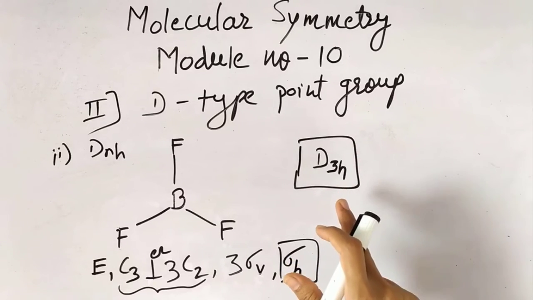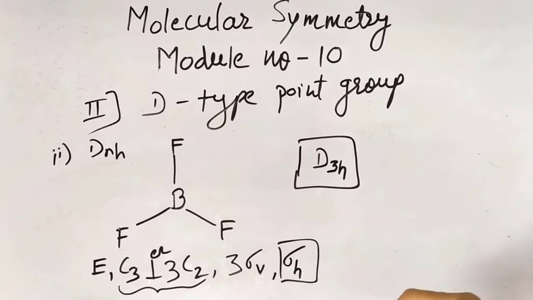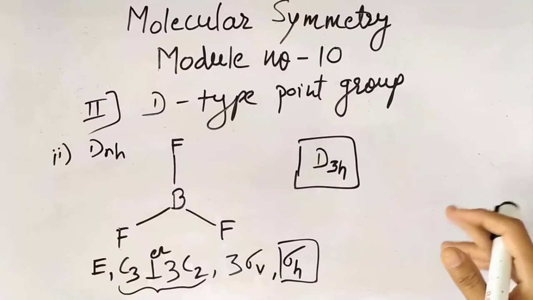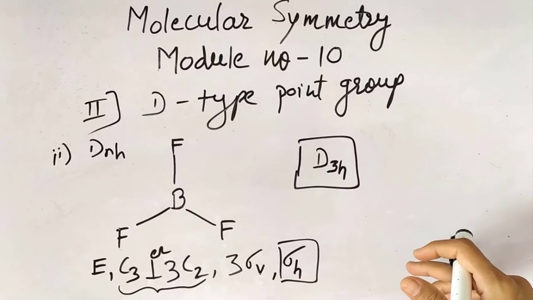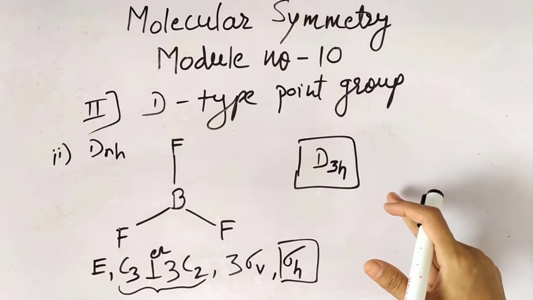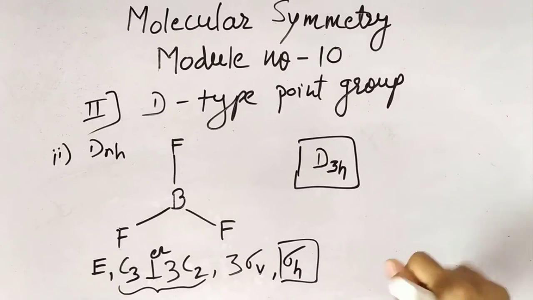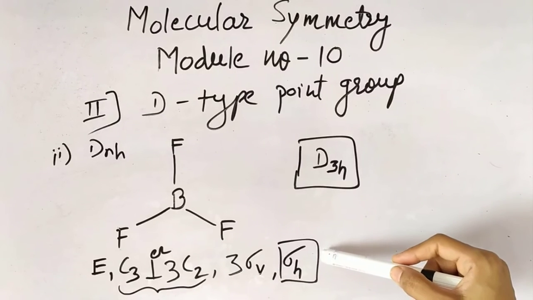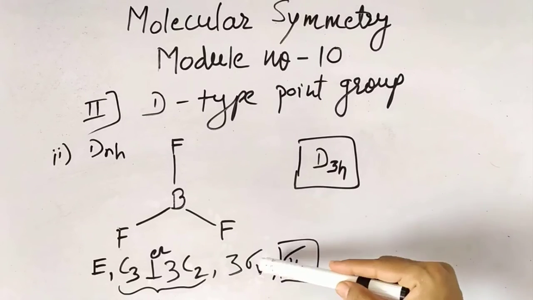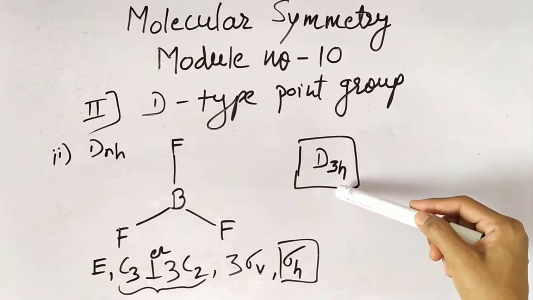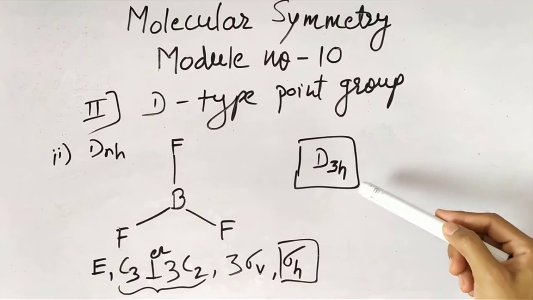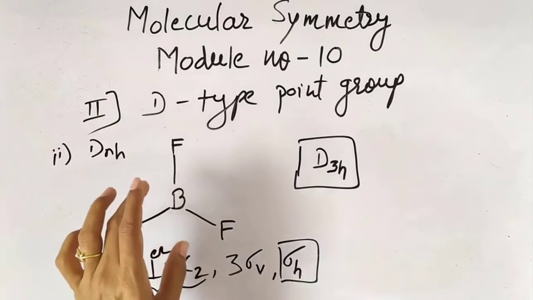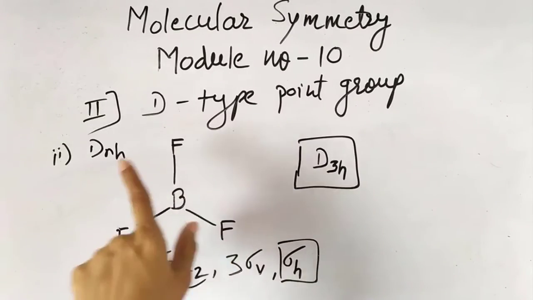You have to remember this for the next molecules also. Whatever molecules we check, remember that whenever we have two types of plane, vertical and horizontal, then the horizontal plane becomes dominating over the vertical plane and itself appears in the final point group. So what is the final point group of the BF3 molecule?